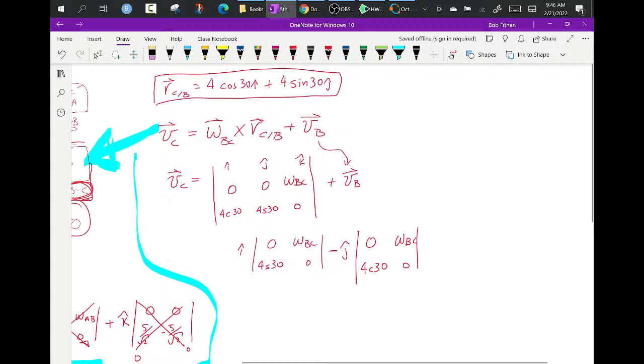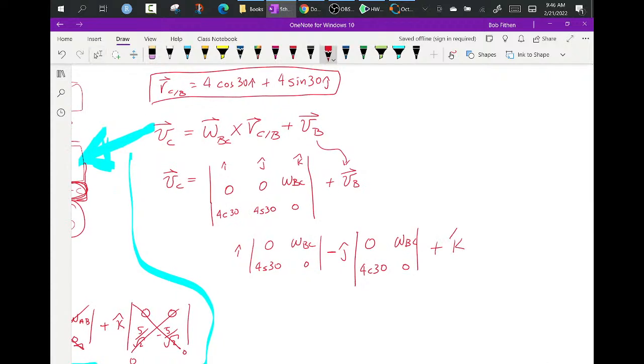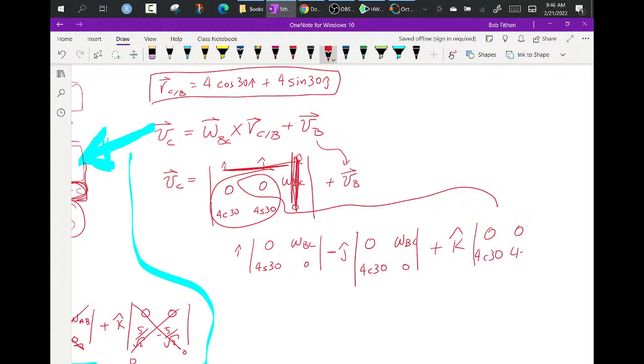And then I do the useless one, and I'm just doing it to be complete, and that is drop those out and take this over here: 0, 0, 4 cosine 30, 4 sine 30.